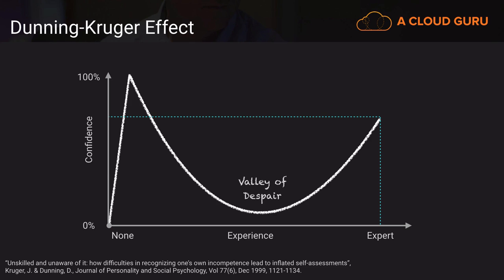They come in with a high level of confidence because they passed the associate's level exam, and then they start understanding the breadth and depth of knowledge required, and they kind of fall into this valley of despair. But fear not, if you go through this course and follow my guidance and put in the hard work, you're going to climb out of that valley of despair and you're going to achieve expert knowledge. And in turn, that's going to give you a higher degree of confidence.